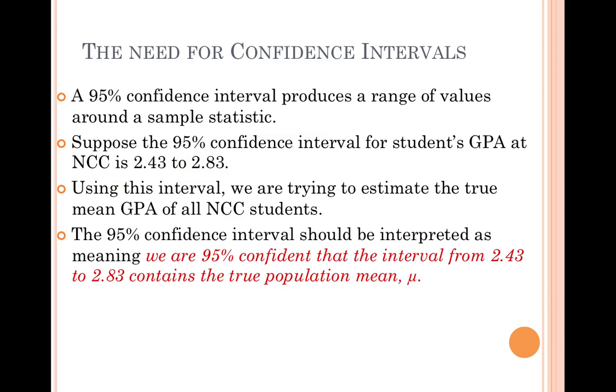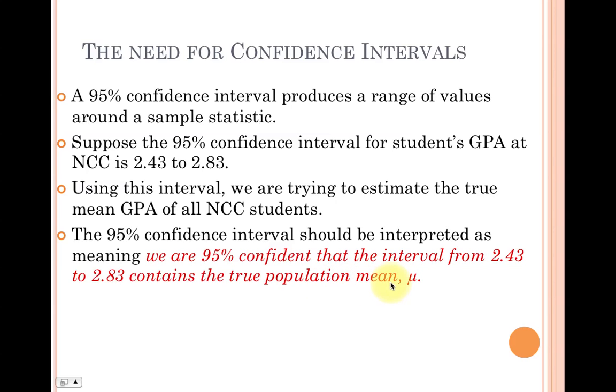So when we come to our conclusion, we can state that the 95% confidence interval means that we are 95% confident that the interval from 2.43 to 2.83 contains the true population mean mu. Again, we're trying to estimate the population mean GPA.